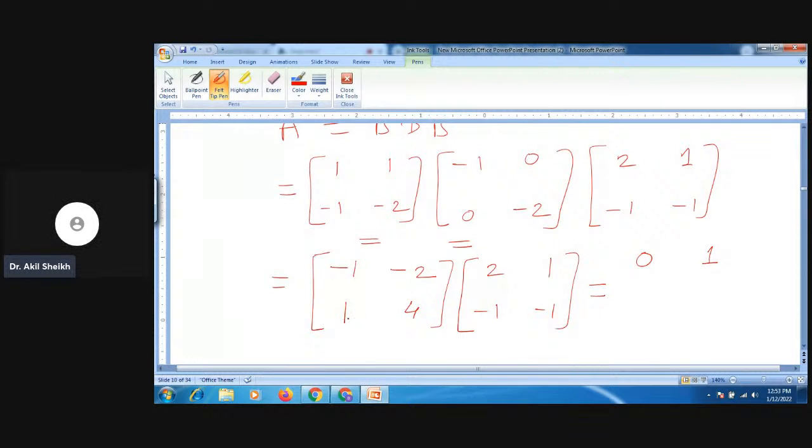Row by column, 2 ones are 2, minus 4, 2 minus 4 is -2. And next element, row by column, 1 minus 4 is -3. So in the given example, option D is the correct option.